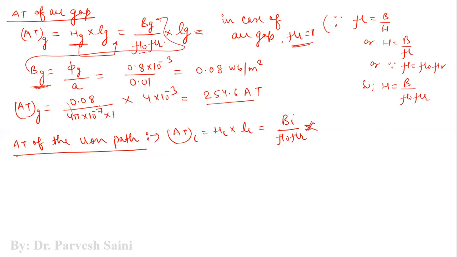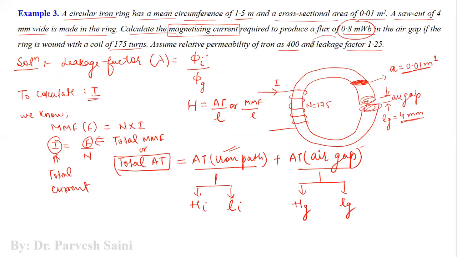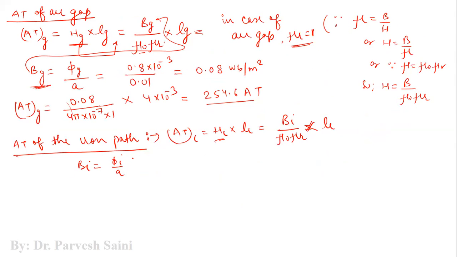So Hi is equal to this one, into Li. So Bi will be equal to phi I by A. But phi I is not given, as mentioned, but we can calculate it by using the leakage factor and phi G. So phi I is equal to lambda into phi G, divided by A.